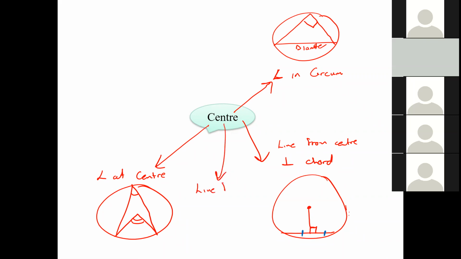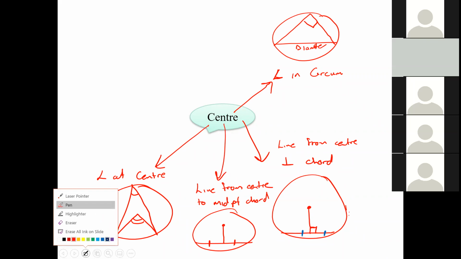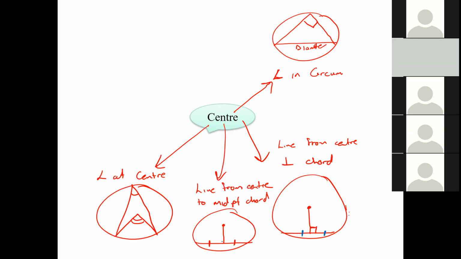Line from the center to the midpoint. Can you turn your mics off until you're speaking? And then we look at the converse of that, which is now saying we're drawing from the center, we're drawing it to the midpoint. And what would be our conclusion? The conclusion would be that it is perpendicular.